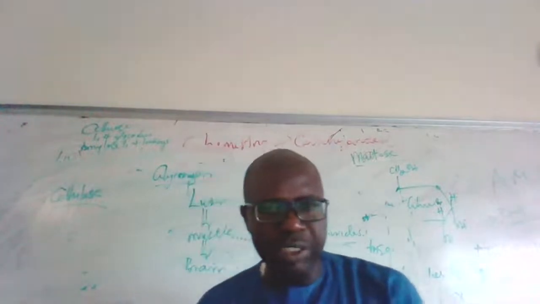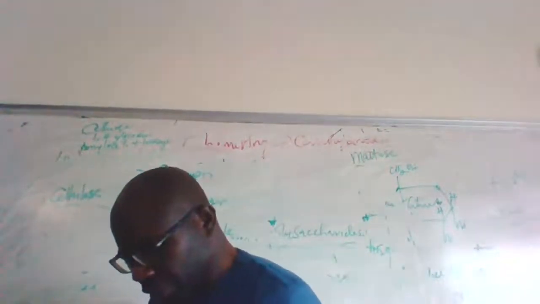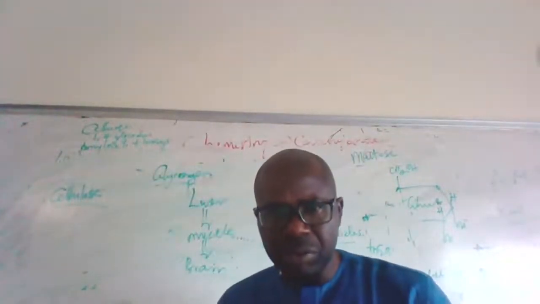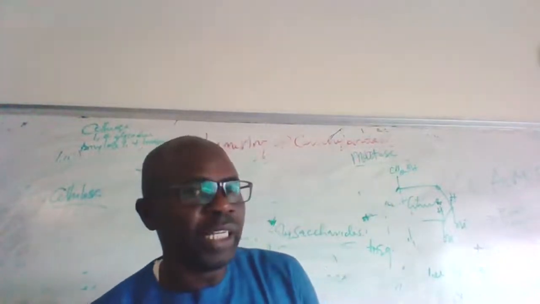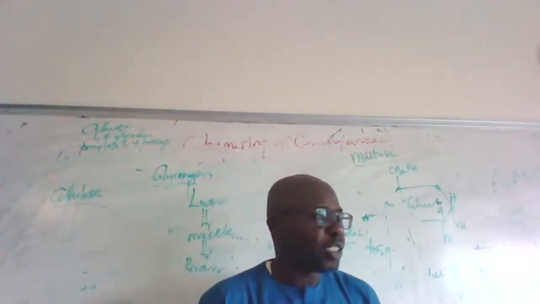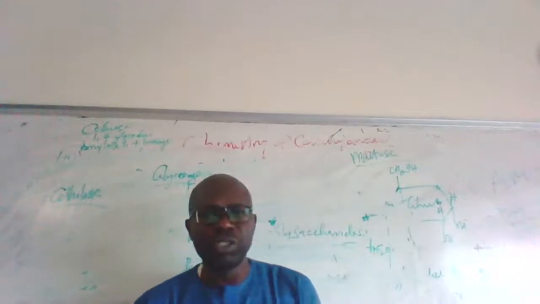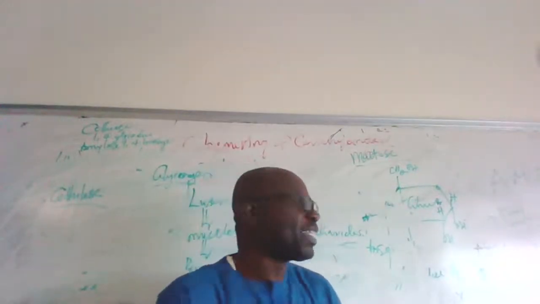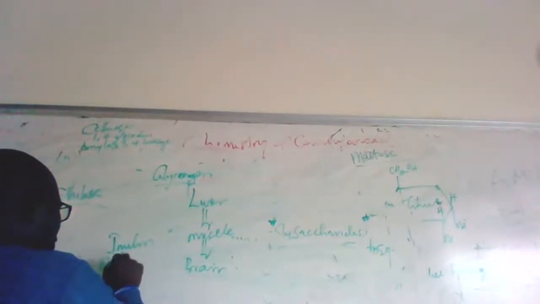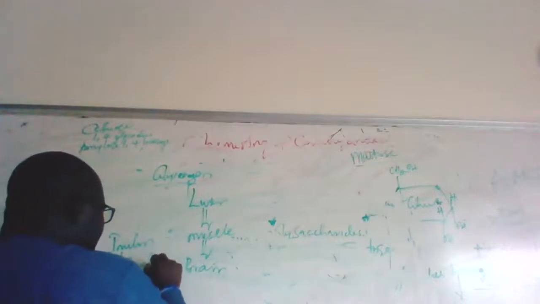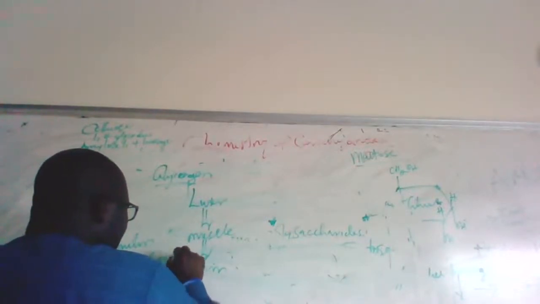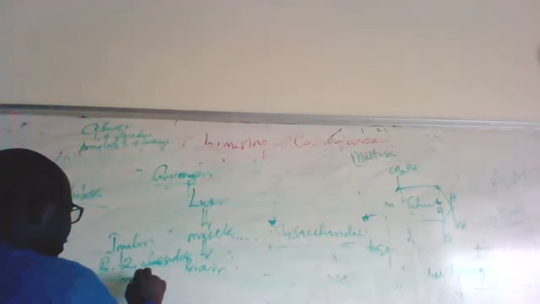Another important polysaccharide we will mention is inulin. It is a polymer of D-fructose, linked by beta 1,2 glycosidic linkage.